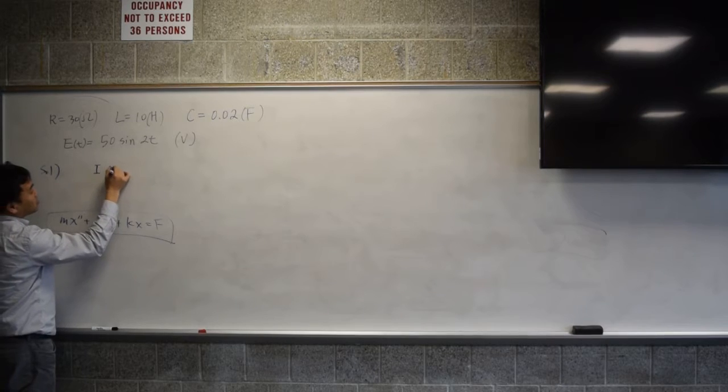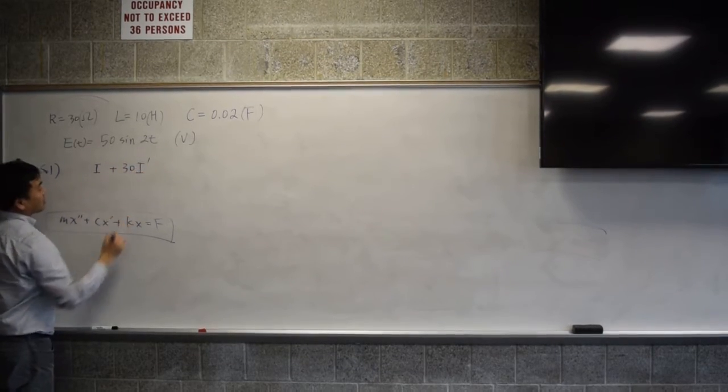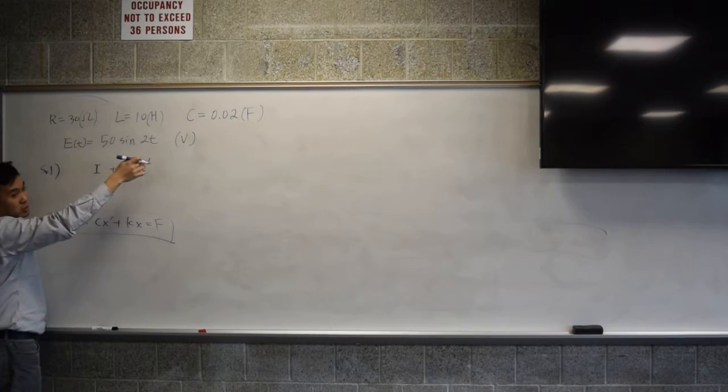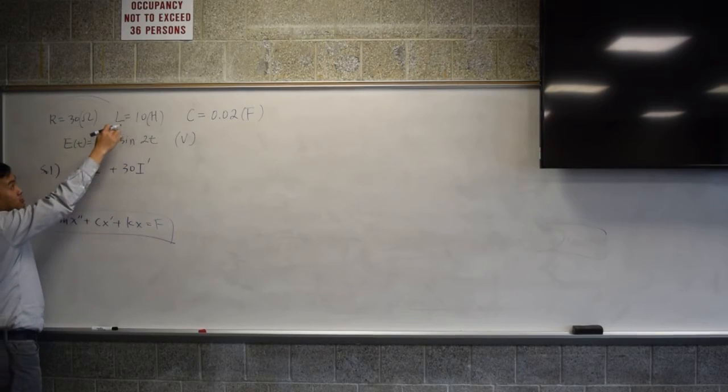So you have plus 30 I prime there, and then L has to do with the change of current, right?